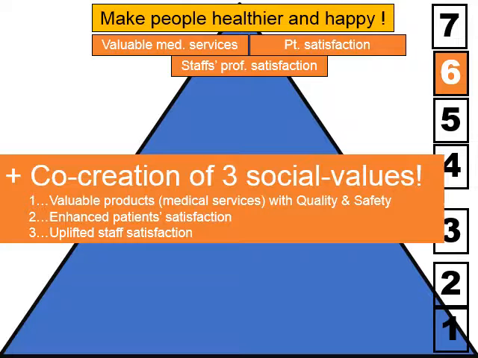To make people healthier and happy, the hospital needs to co-create 3 social values: valuable products, patient satisfaction, and staff satisfaction as professionals. The values of the hospital will be created and maintained through continuing efforts of the hospital management.